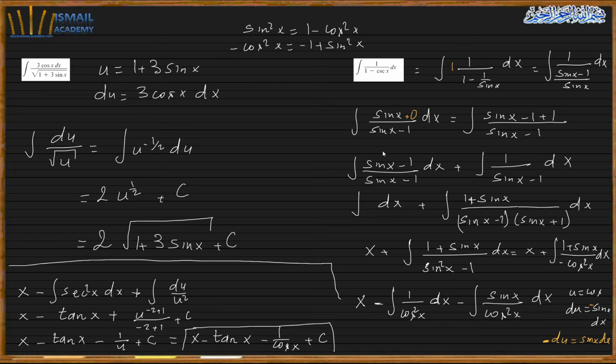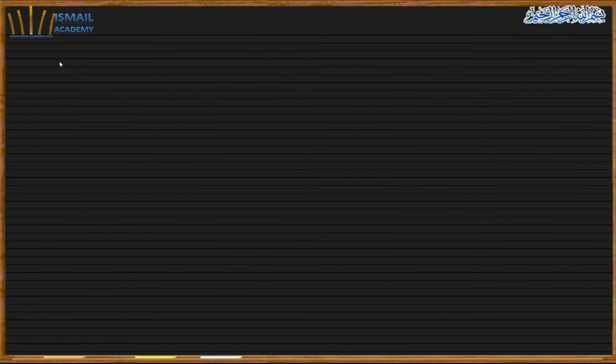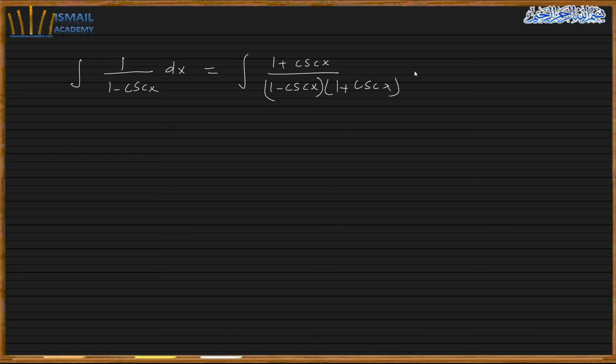Now suppose I want to use the conjugate. So if I have the integral of 1 over 1 minus cosecant x dx, and I multiply by the conjugate here, I will end up having what? I will have (1 plus cosecant x) over (1 minus cosecant x)(1 plus cosecant x) dx.